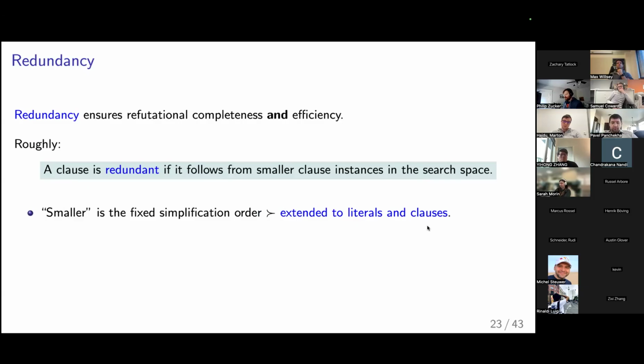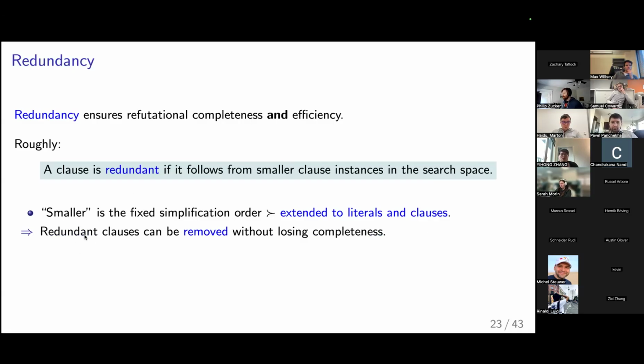We take literals as equations or disequations, we take them as multisets of terms, and then we use a multiset extension to extend the ordering, and then we do this similarly for clauses. So we take a clause as a multiset of literals, and then we just use the multiset extension of the literal ordering to get the ordering on clauses.